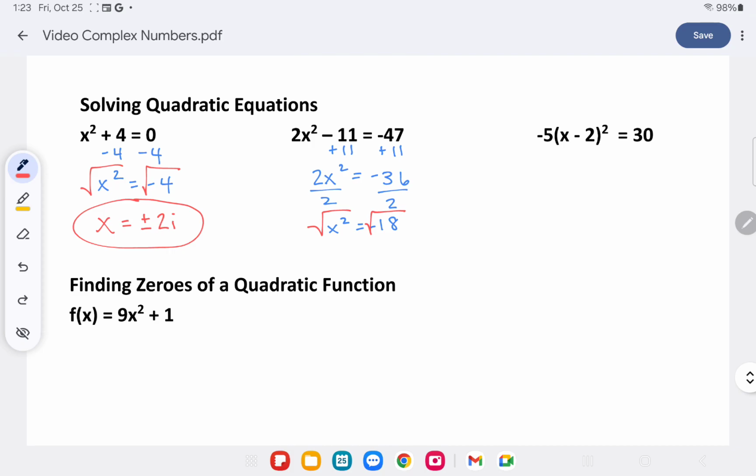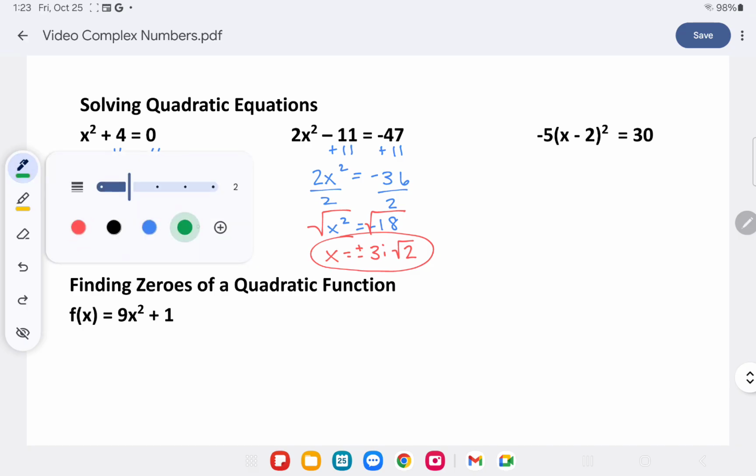The square root of -18 is not a perfect square, so we need to simplify it. And it's imaginary because we're taking the square root of a negative. So if you simplify the square root of 18, you get 3 root 2. So this is 3i root 2 since it's imaginary. And then we can never forget the plus or minus sign. Imaginary solutions always come in pairs.